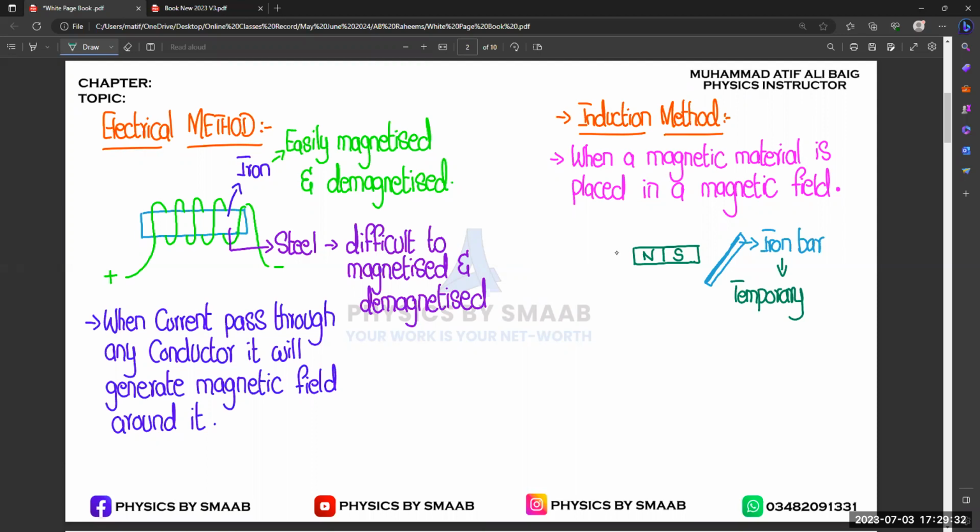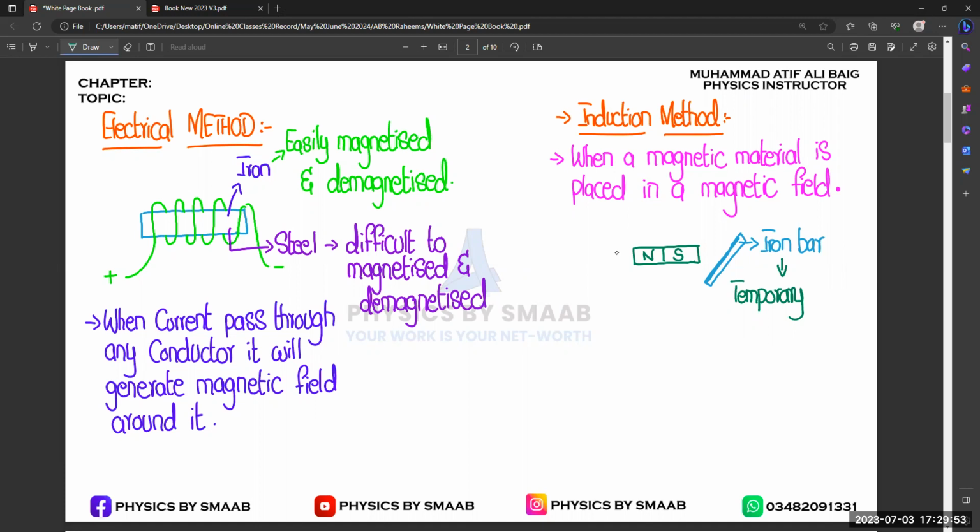But in the induction method, we are not able to increase the magnetic field, because once we place the magnet, it cannot be permanent if you use soft iron. If we are using steel, it will be permanent, but a weak type of magnet, right? Because this method is not much stronger as compared to the electrical magnet.